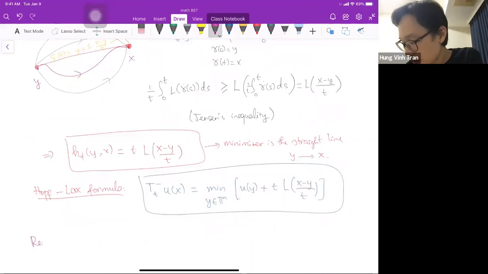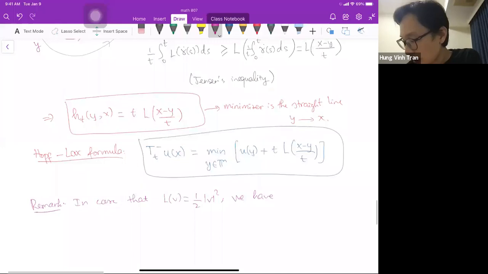And a remark: in case that L of v equals 1/2 v squared, then we have the explicit formula that T_t minus of u at x equals the minimum over y in the torus of u of y plus t times 1/2 times ((x minus y) over t) squared.